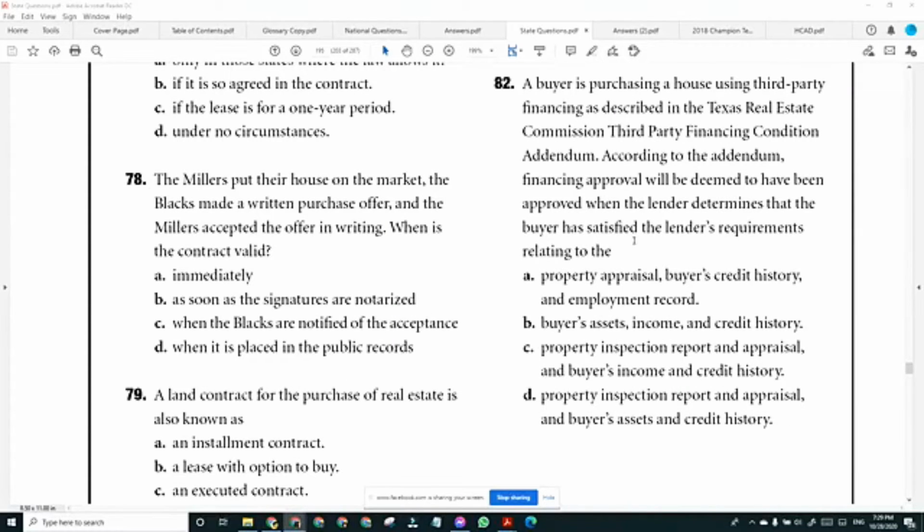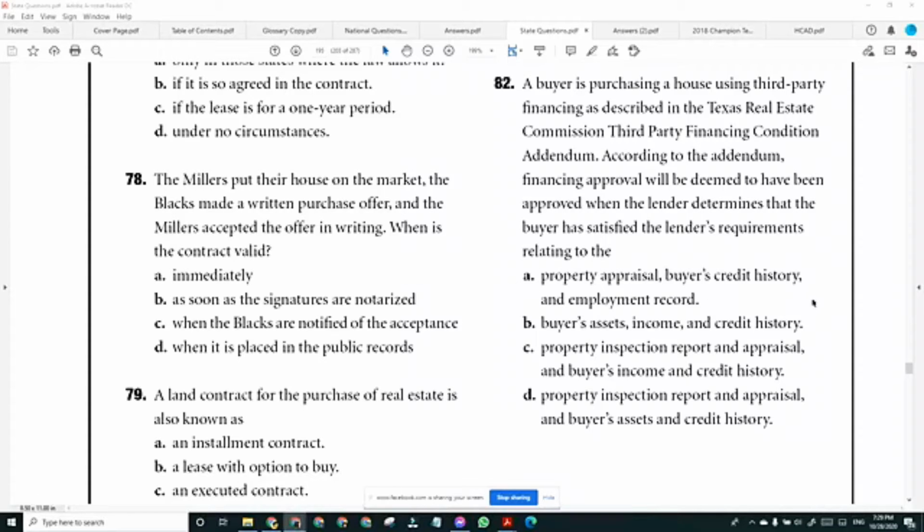Okay, 81C. A buyer is purchasing a house using third-party financing as described in the Texas Real Estate Commission TREC Third Party Financing Condition Addendum. According to the addendum, financing approval will be deemed to have been approved when the lender determines that the buyer has satisfied the lender's requirements relating to what?